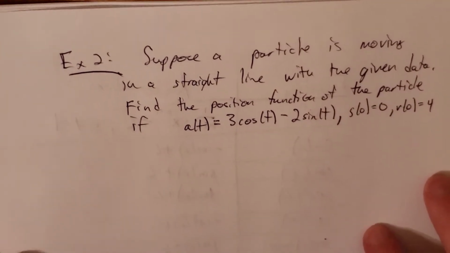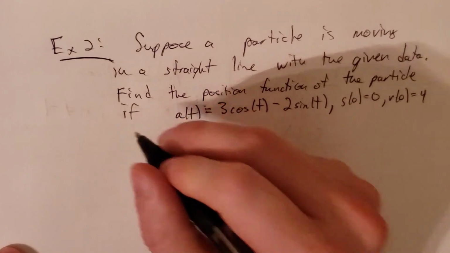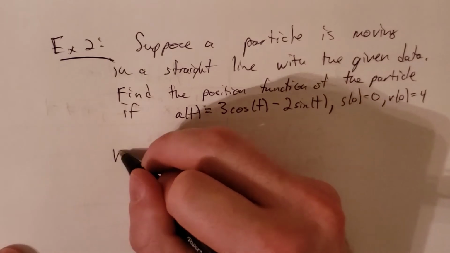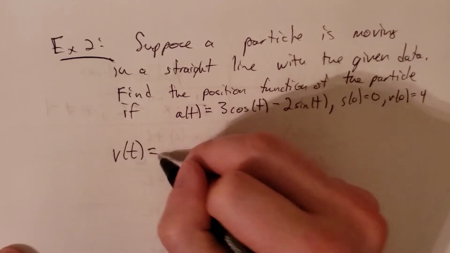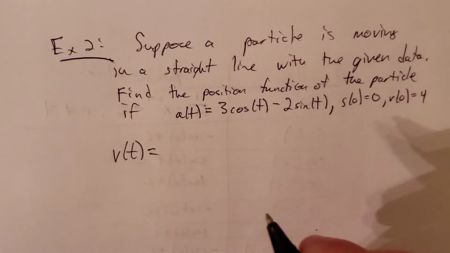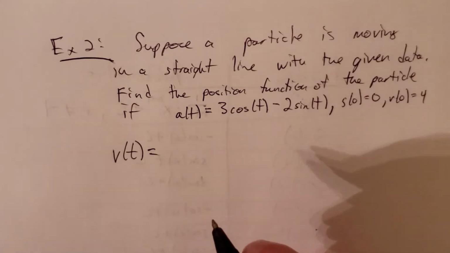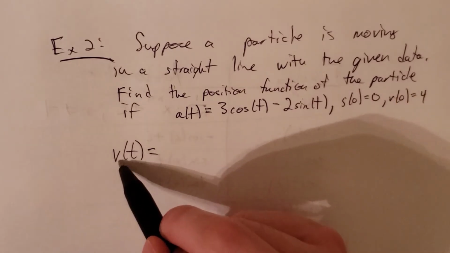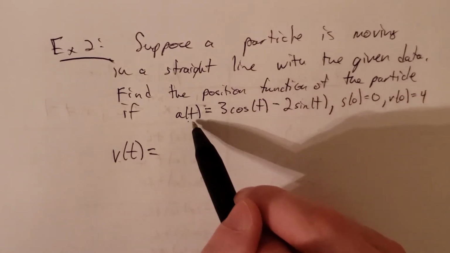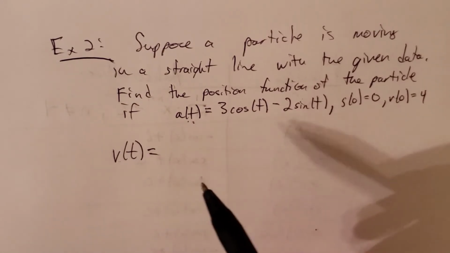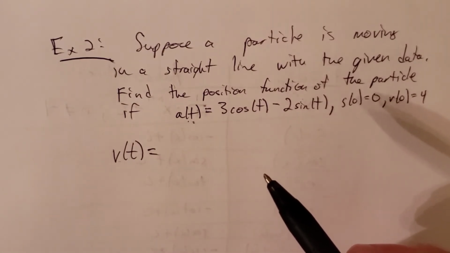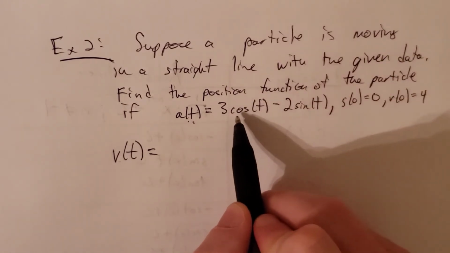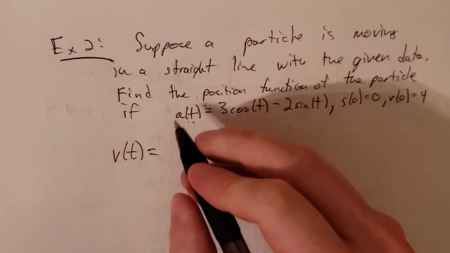So the first thing to do here is notice that a of t is 3 cosine of t minus 2 sine of t. So what we need to do is find the general antiderivative of the acceleration, which is a velocity function, right? We talked about that in the previous video: the derivative of a velocity function is acceleration. So the antiderivative of acceleration is velocity. All right, so the derivative of sine is positive cosine. So the antiderivative of cosine is positive sine.